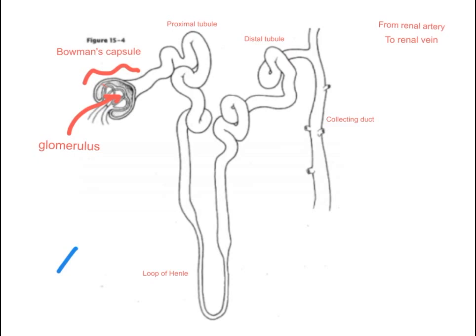But really, what that is, is blood that's come from the heart, taken to the kidney via the renal artery. Again, it's been broken down into several smaller tubes, and the blood gets into this thing called the afferent arteriole. And that blood gets pushed into this mesh of tubes that we called, again, the glomerulus.